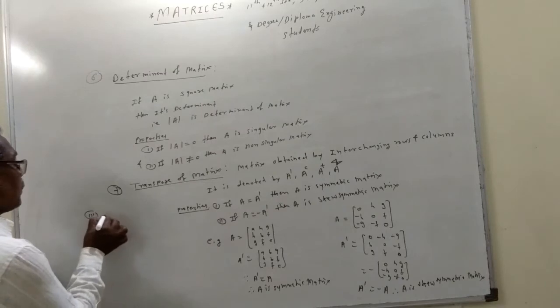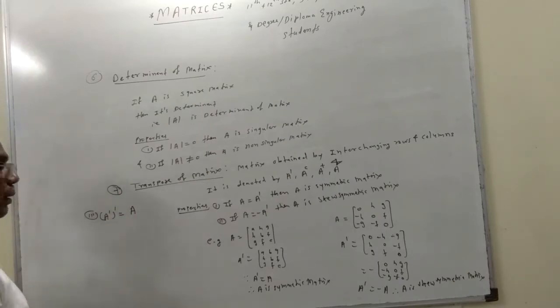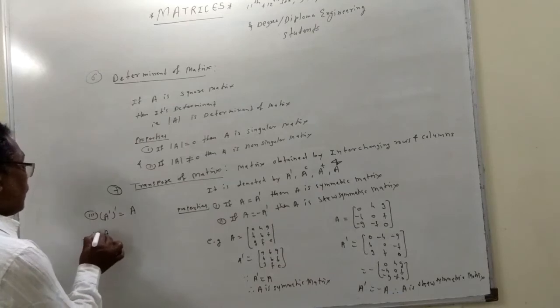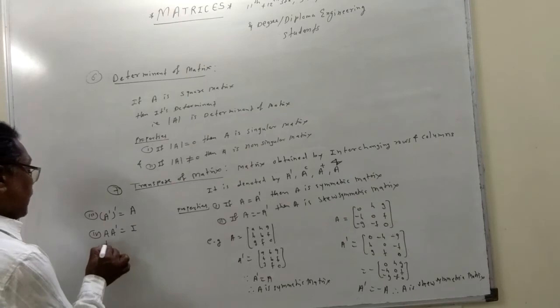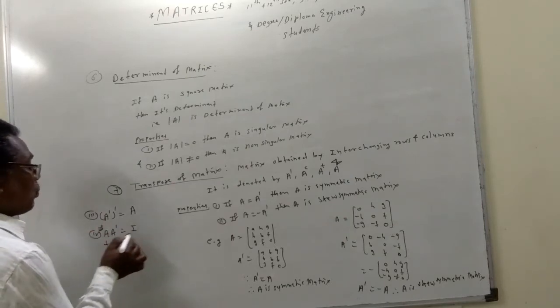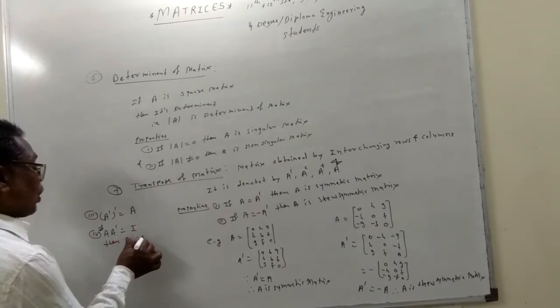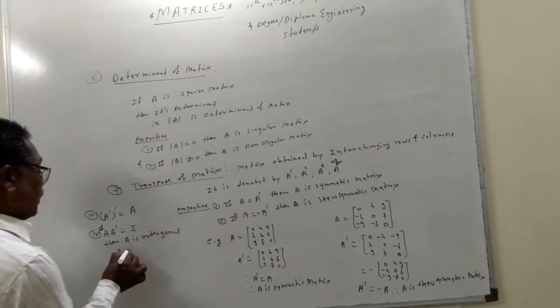The third property: A transpose of transpose is equal to that matrix A itself. A transpose of transpose is equal to A. If A into A transpose is equal to I, then A is an orthogonal matrix.